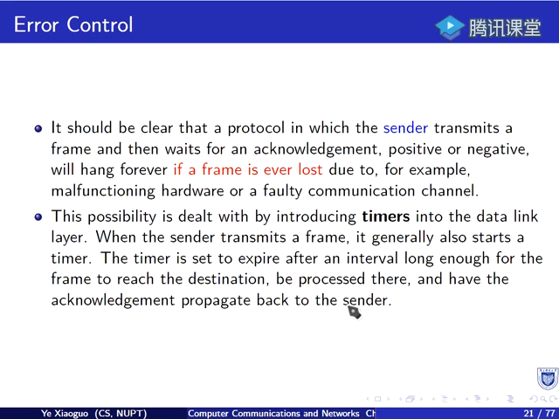It should be clear that a protocol in which the sender transmits a frame and then waits for an acknowledgement, positive or negative, will hang forever if a frame is ever lost due to, for example, malfunctioning hardware or a faulty communication channel.